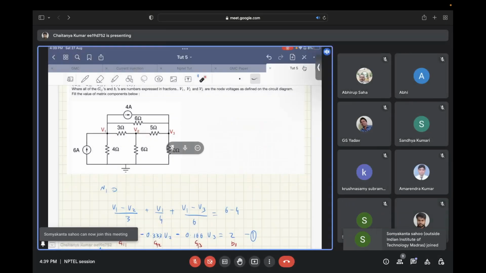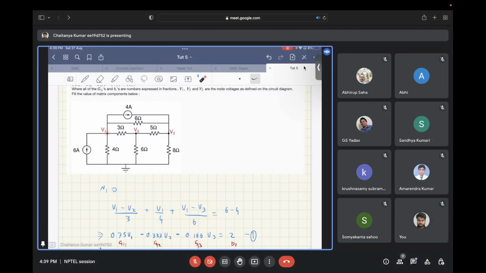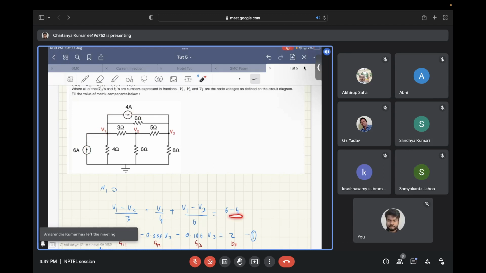So here you have V1 minus V3 by 6, and the other currents that are V1 minus V2 by 3 and V1 by 4, and the 6 ampere that is going inside this node, and this 4 ampere current that is flowing outside that node. Since you are writing it on the RHS, it becomes minus 4.